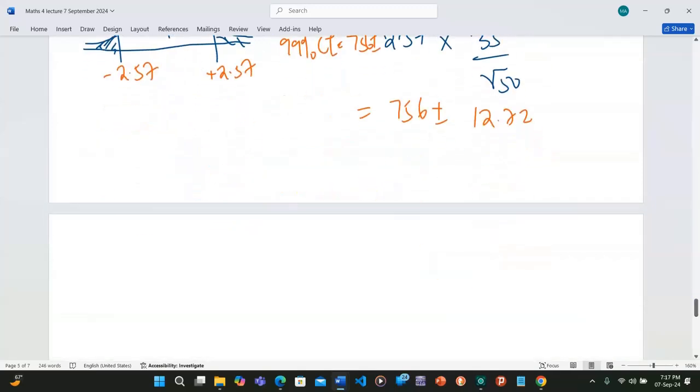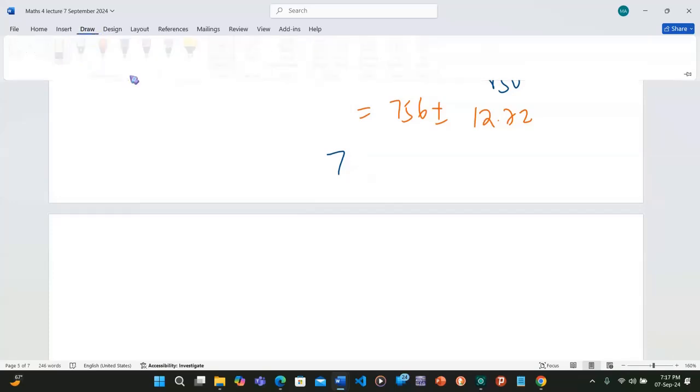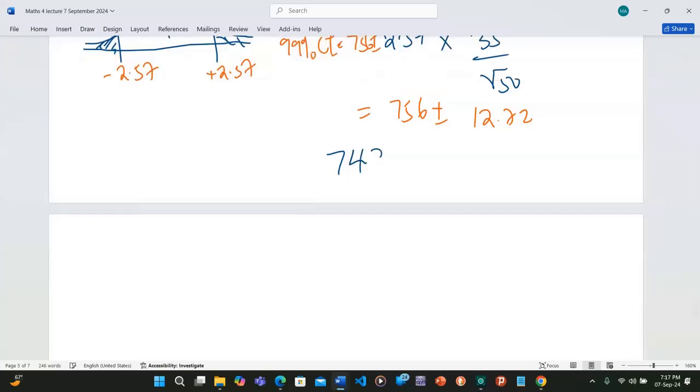So the value here is 743.3 less than or equal to mu less than or equal to 756 plus 12.72, and the value is 768.7.